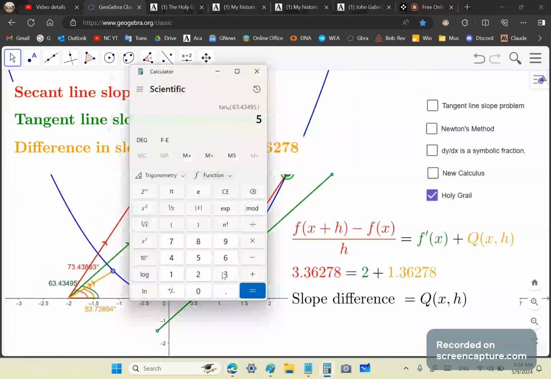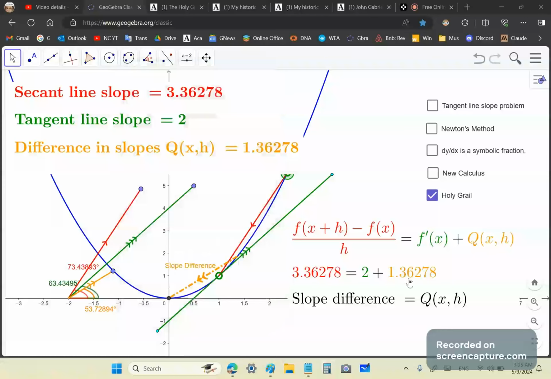Then 53.72894, that's the difference, and you see 1.36278, 1.36277, whatever. So as you can see, what you have here is the identity in terms of rise over run.